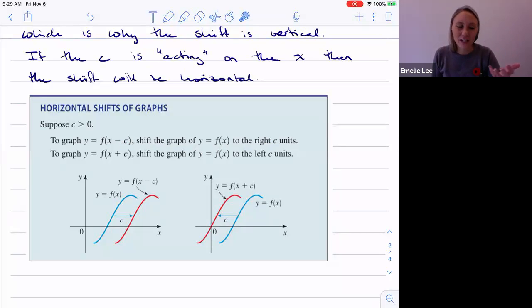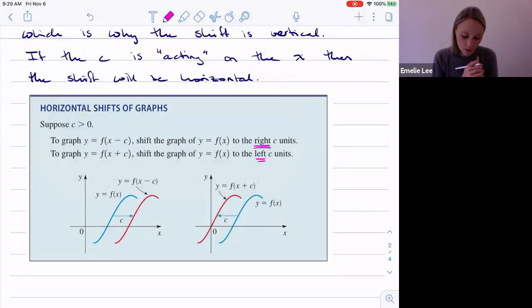That's a good kind of memory cue for me, at least. So you'll have to figure out what works for you to remember that, okay, it's actually moving to the right if you're subtracting C. And maybe you have the kind of brain where you just say, well, yeah, that makes sense. I don't, but you just need to remember these things.